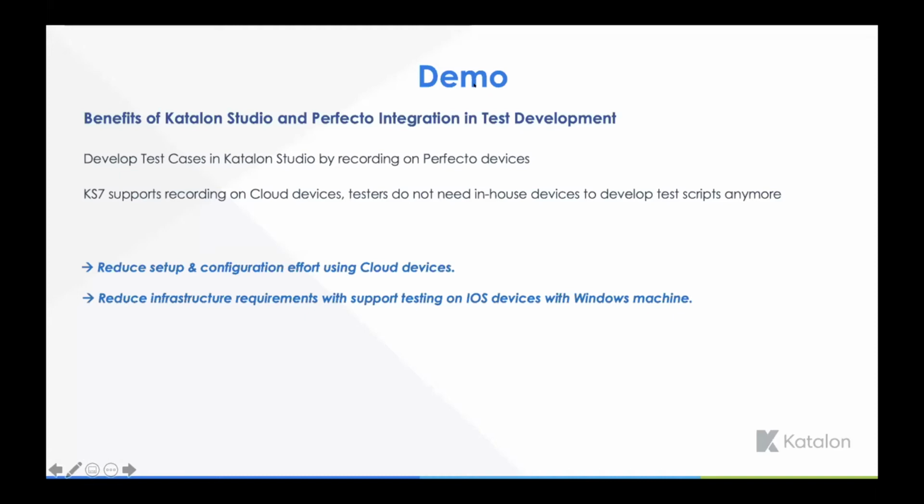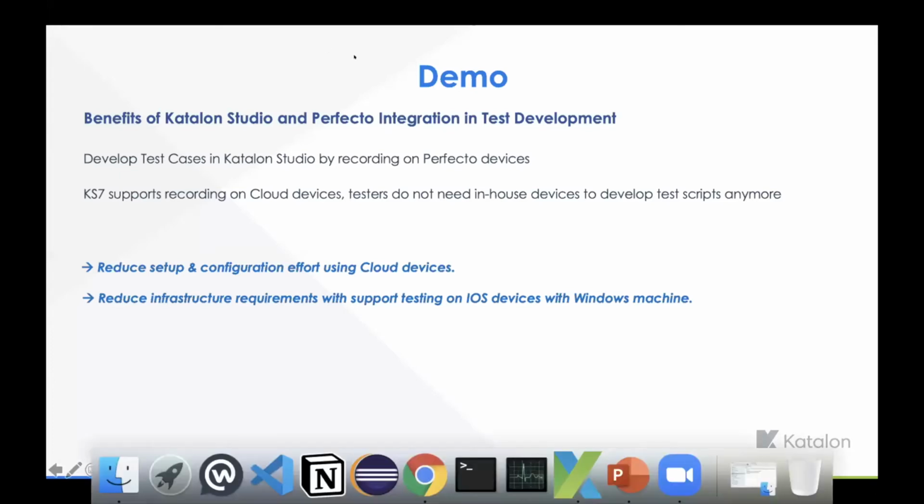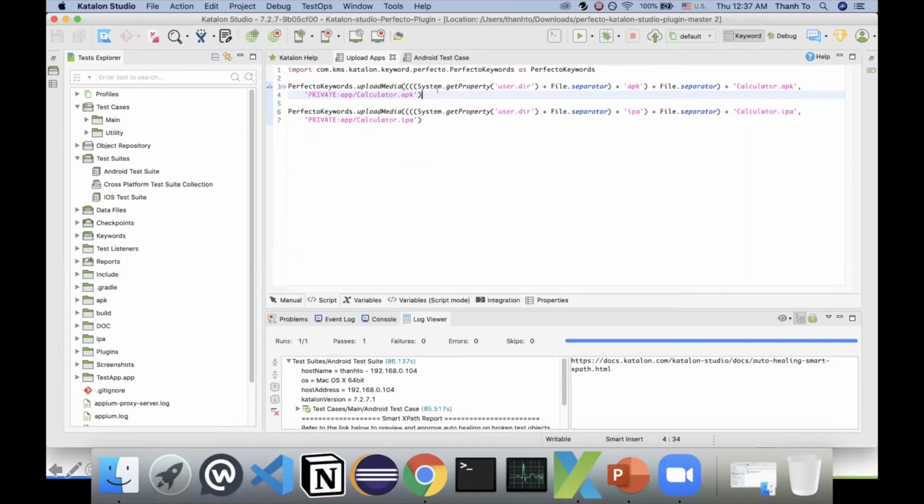The first thing you need to do, though, is upload your application to the Perfecto cloud. This is a piece of code that essentially uploads the application, the APK file and the IPA file, to Perfecto. This looks complicated, but really you just need to provide a path to the application and then call Perfecto keywords upload media, and your application will be uploaded.